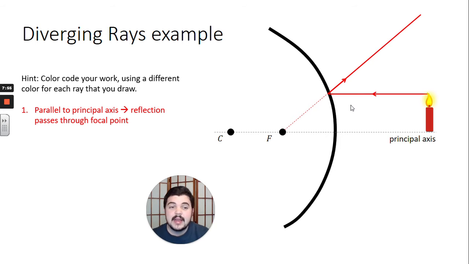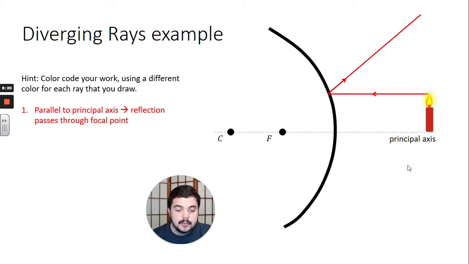So it's still the same idea, comes in parallel to the principal axis, reflects through the focal point, but it doesn't actually go through the focal point because the focal point is on the wrong side of the mirror. It just reflects along a line that the focal point is also on. All right, let's get rid of that trace for a bit now because that's not anything real. That's just there to help us visualize.